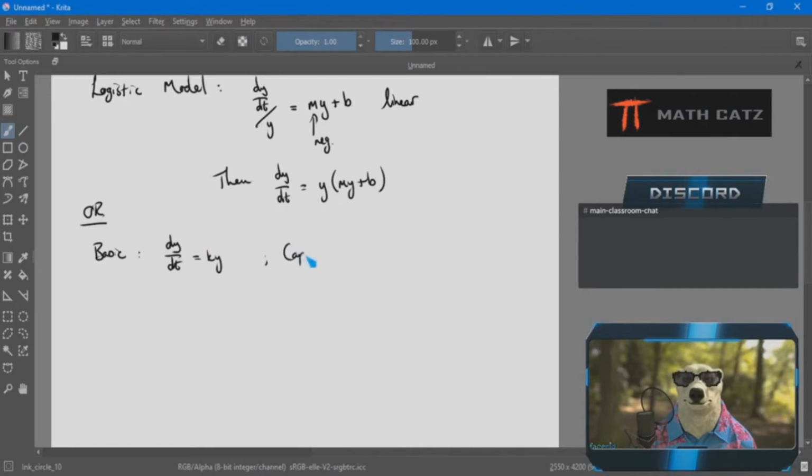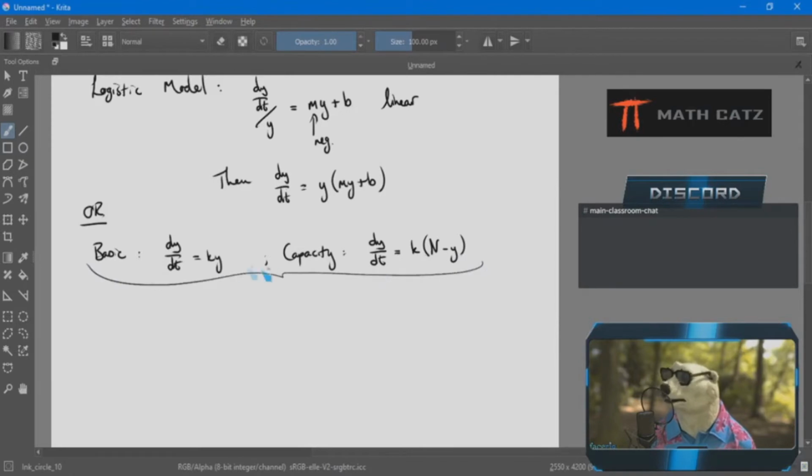Our capacity model was saying that the growth rate is proportional to the difference, the distance from the capacity. If I put these together, the growth rate is proportional to this one, proportional to that one, so proportional to both, perhaps a different proportionality constant, perhaps not. I just use a k regardless, and we get our logistic model. Now these two are the same, it's just a different view to arrive at the same differential equation.